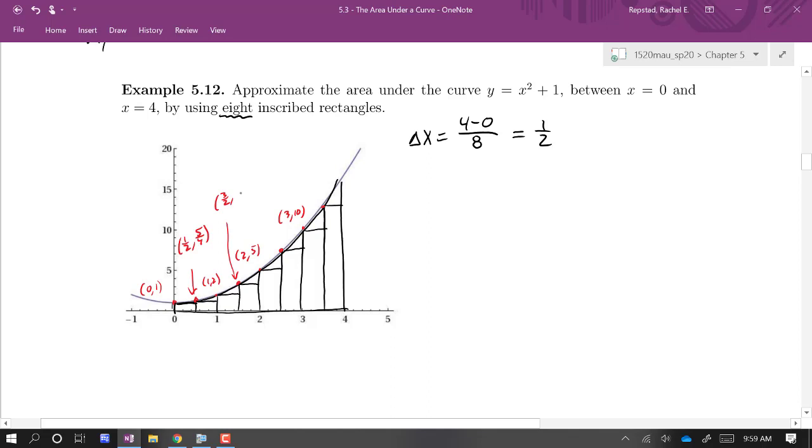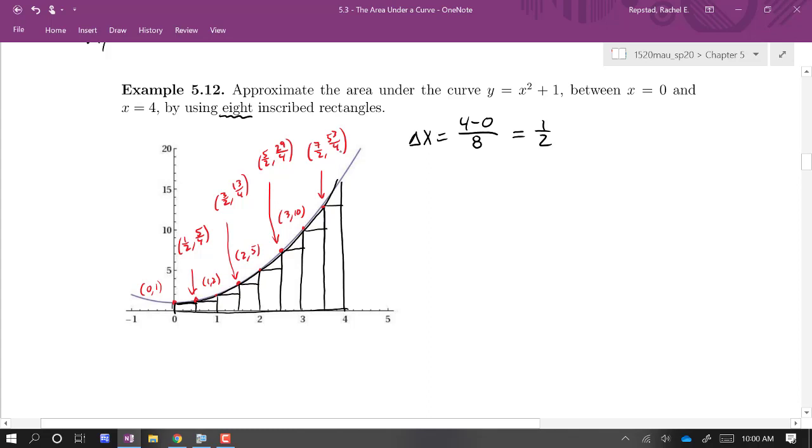If you square that and add 1, 9/4 plus 1 is 13/4. This is 5/2, and if you square that, 25/4 plus 1 is 29/4. And then here we have 7/2. Square that, 49/4 plus 1 is 53/4. Okay, so we have our y coordinates.